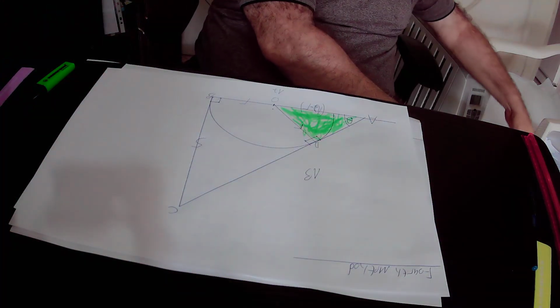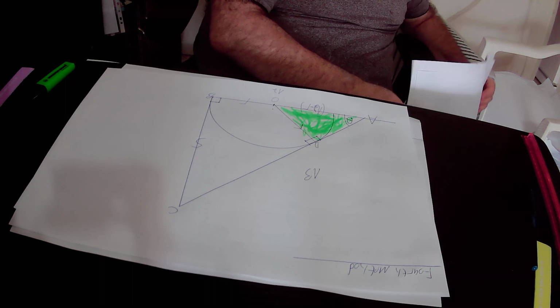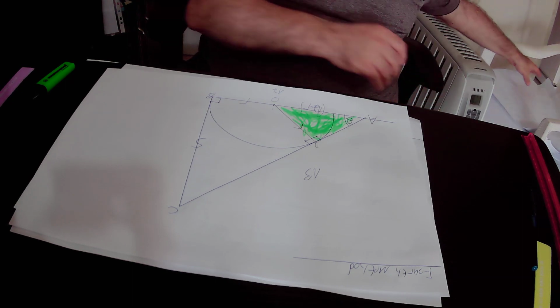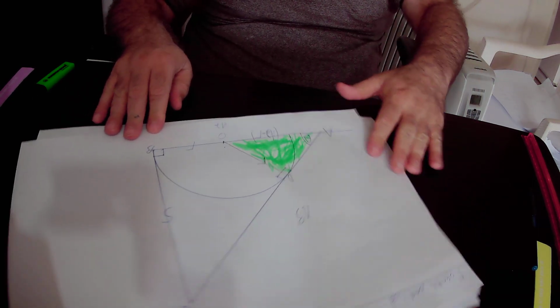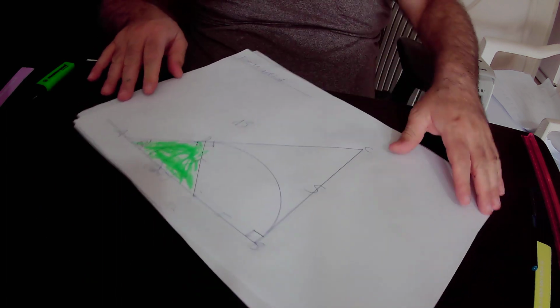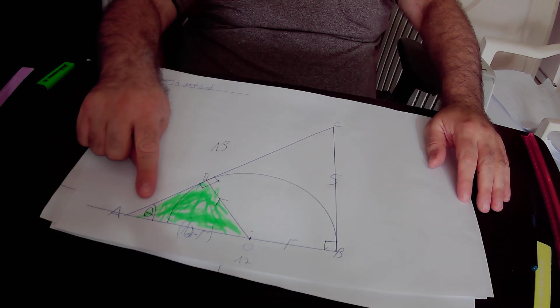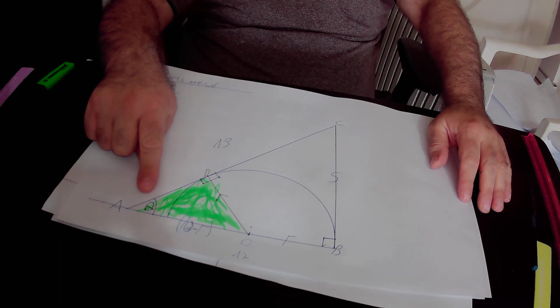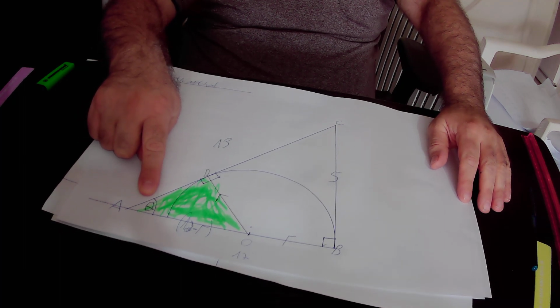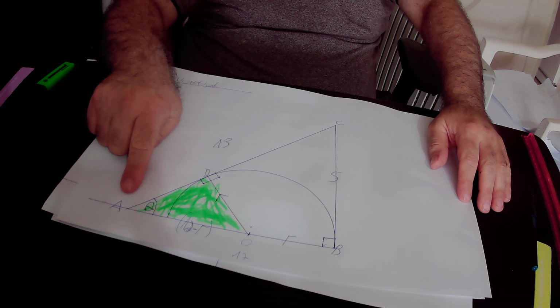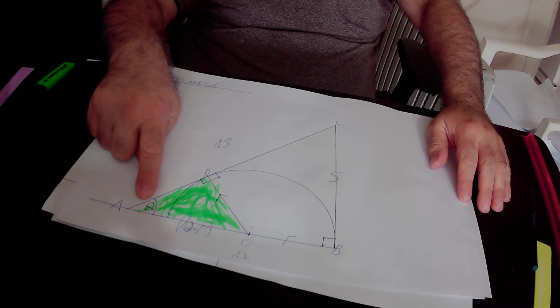Then I presented to you how to find the area of the semicircle according to the fourth method. In the fourth method, we defined the angle at point A as angle theta.